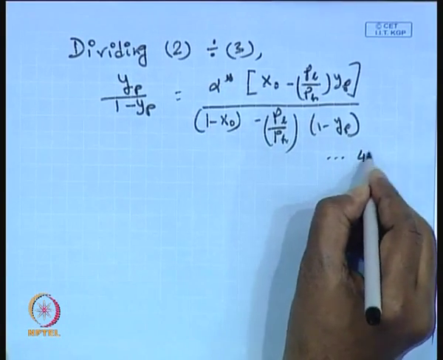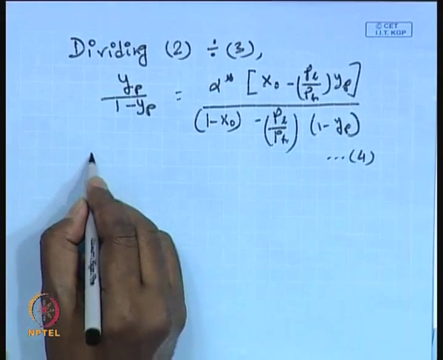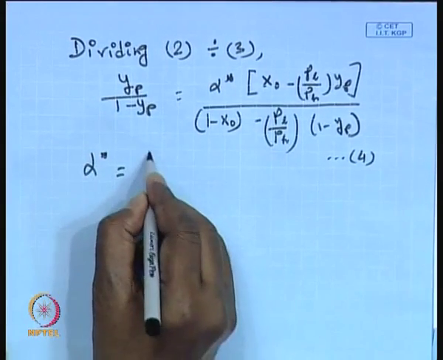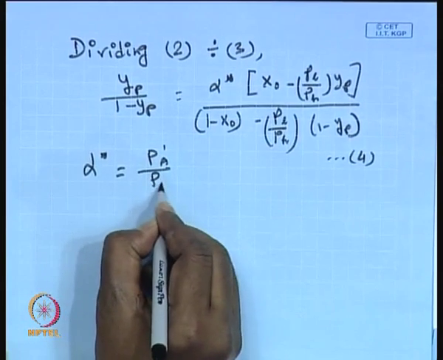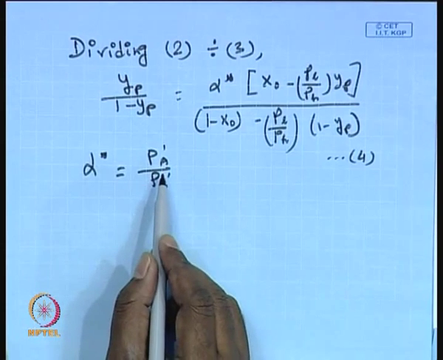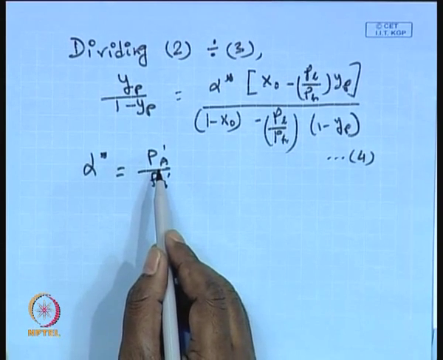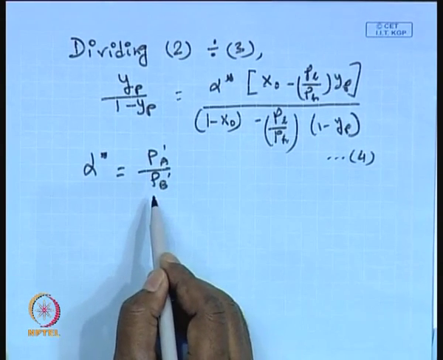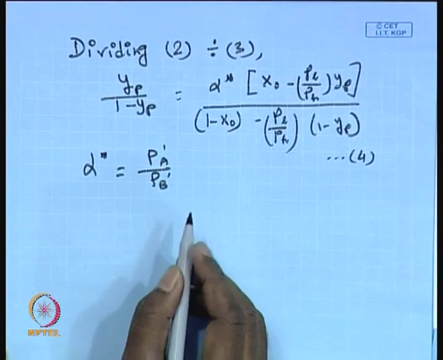This is equation number 4. What is alpha star? Alpha star is nothing but PA prime divided by PB prime. It is a non-dimensional constant, and this is a ratio of permeability of species A in the membrane and the permeability of species B in the membrane.